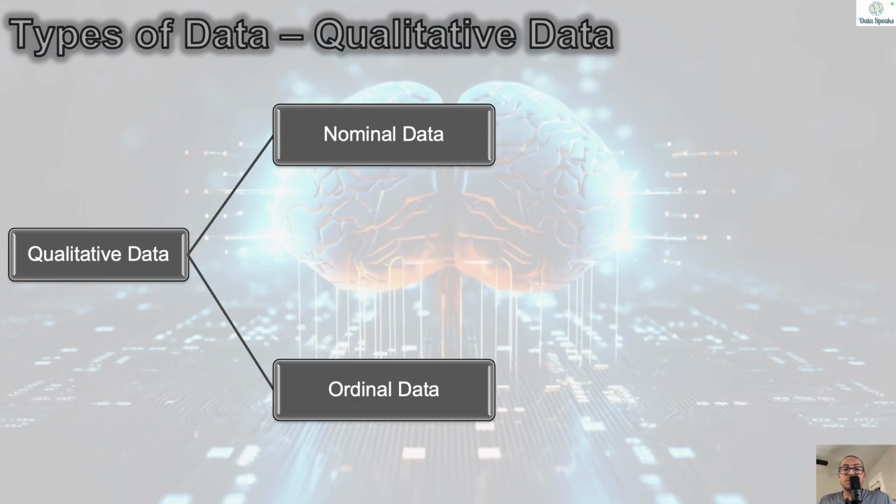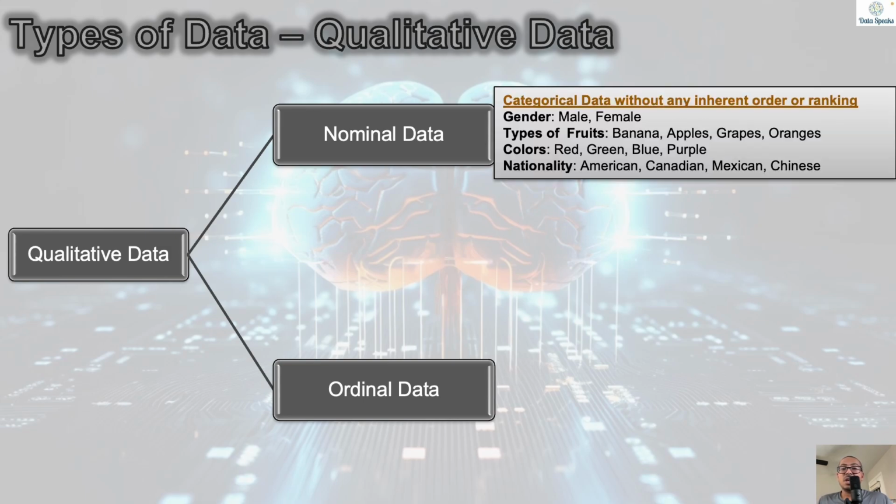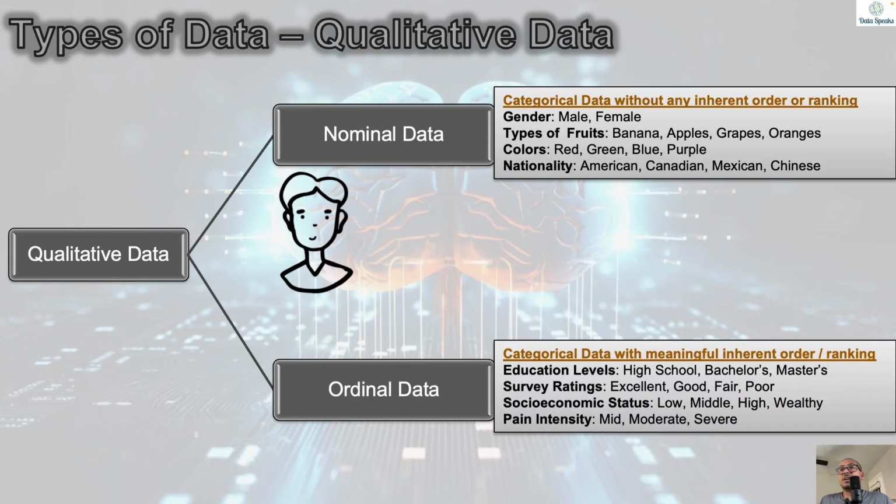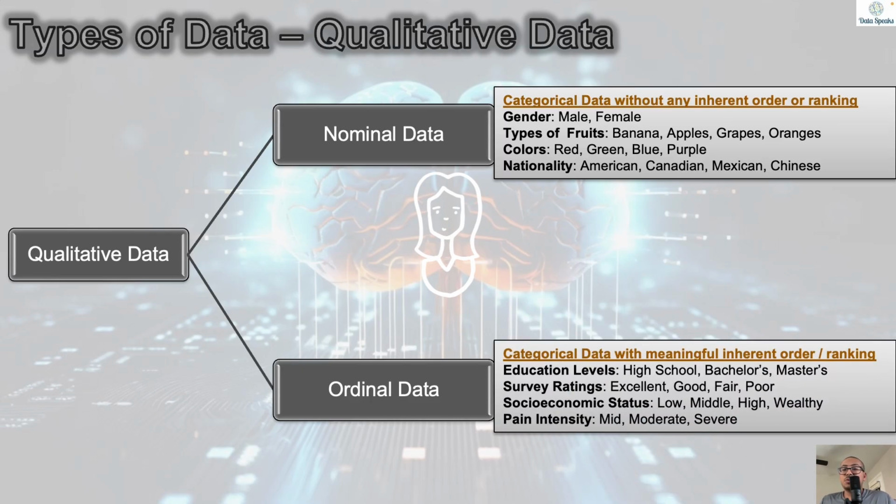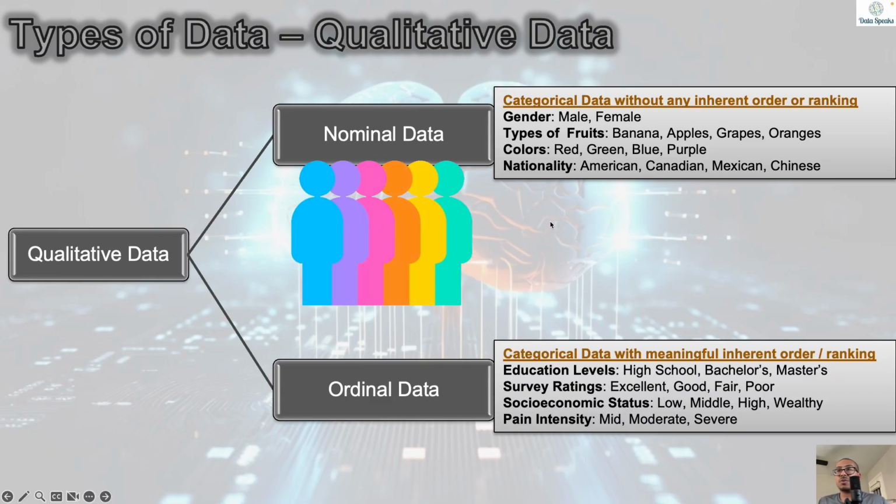For example, nominal data can be gender, male and female. There is no order in male and female, right? And we can think about different types of fruit, for example, banana, apples, grapes, oranges, and so on. There is no hierarchy. Apple does not come before orange, or orange before or after banana, and so on. Different colors: red, green, blue, black, and so on.